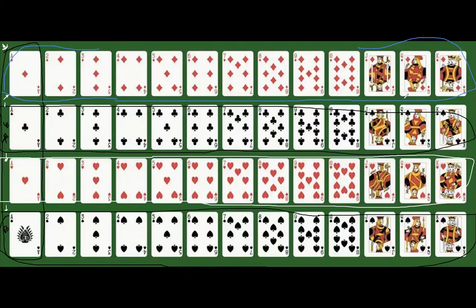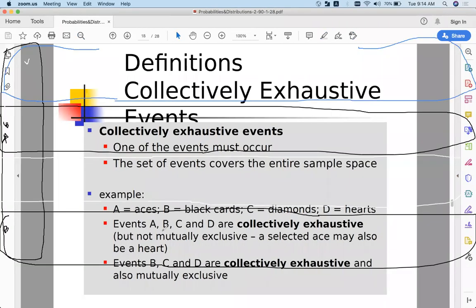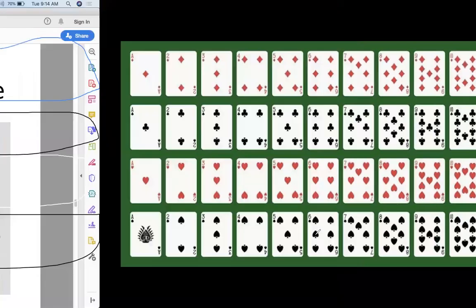That's what collectively exhaustive means. When you add these events A plus B plus C plus D, you get back the entire sample space. That's when A, B, C, D are called collectively exhaustive. Any question on this?